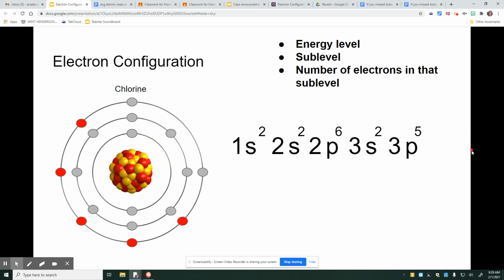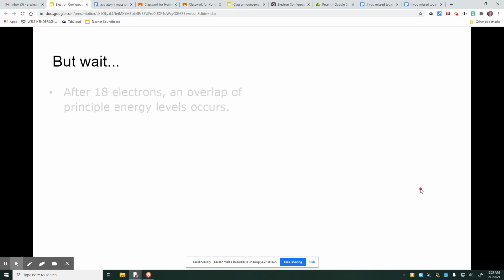So you can start to see a little pattern here: 1s and then 2s, 2p, 3s, 3p. And it would be great if that pattern continued. But there's a little bit of an issue, because electrons are going to do whatever's easier. After 18 total electrons in an atom, there is an overlap of energy levels.